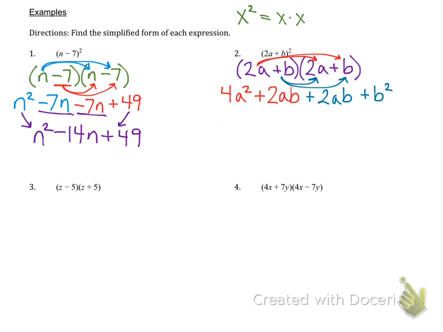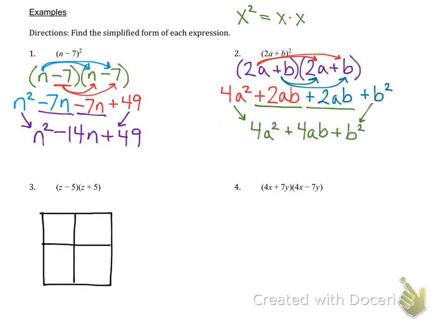Next, I'm going to combine like terms. So I have a positive 2ab and a positive 2ab, so I'm going to combine those. So first let me write the 4a squared. And 2ab plus 2ab is a 4ab, so plus 4ab, and then bring down the plus b squared. So I have 4a squared plus 4ab plus b squared.